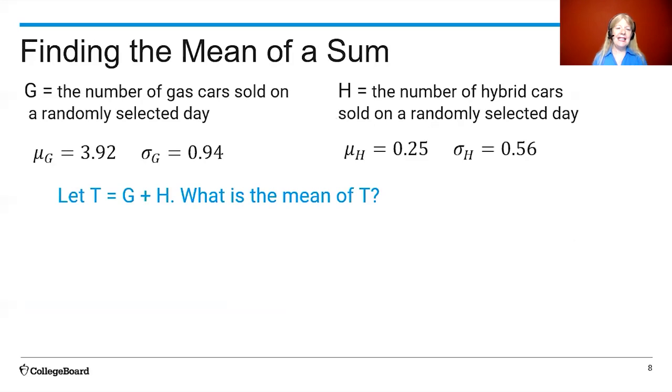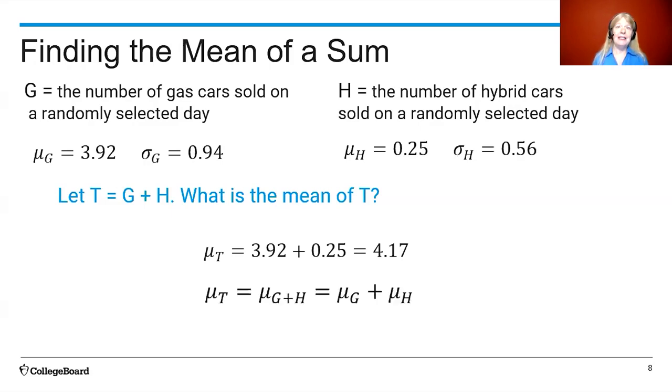Let's let T equal the sum of G and H, so the total number of cars sold, both gas cars and hybrid cars. How would we calculate the mean of T? Well, add the mean of the gas cars and the mean of the hybrid cars to get 4.17.